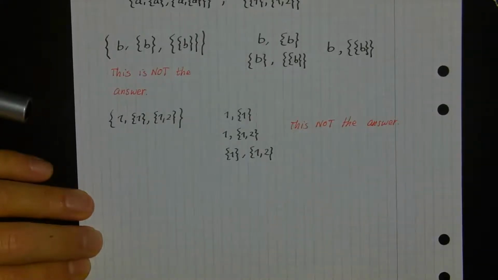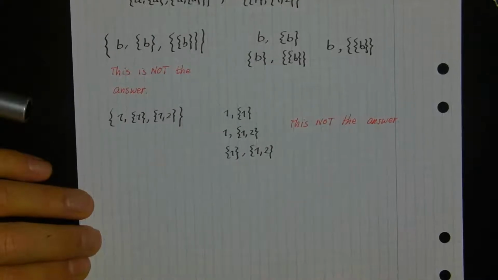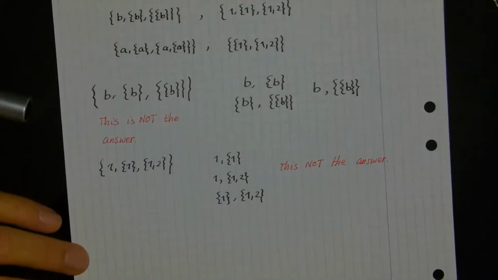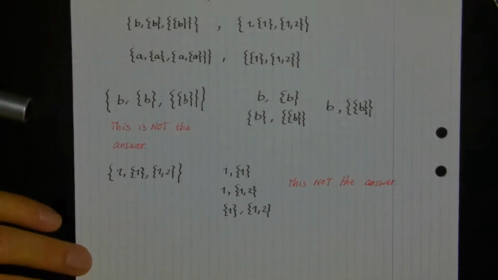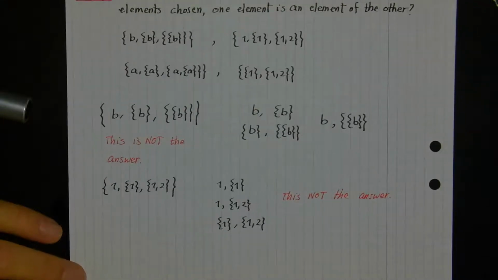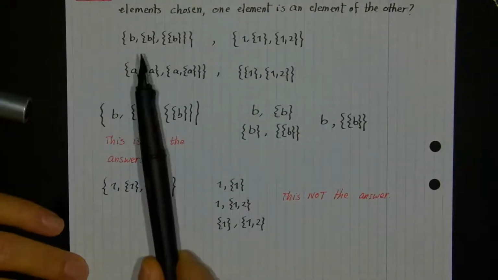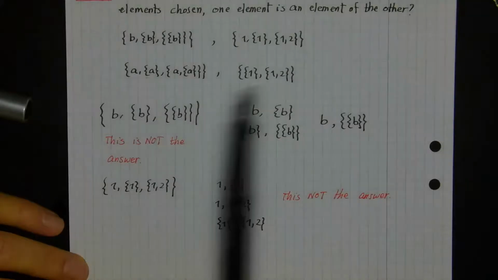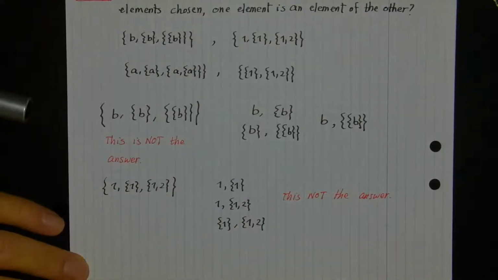Okay, now my question is, which one is the answer? Let me just show it again. So which one is the answer now? So I checked the first one and the second one. They were not the answer. The first one, I checked. No, I mean the second one.